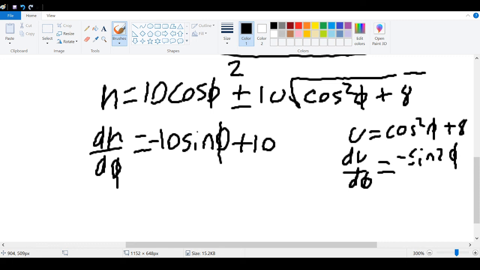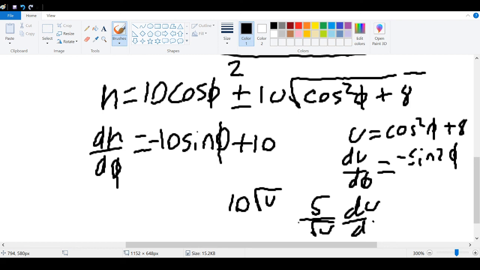That's just an identity that you're going to have memorized, or you could derive it by product rule. And so what we have here is 10 times the square root of u, and when we take the derivative of that, we get 5 over root u times du d phi.